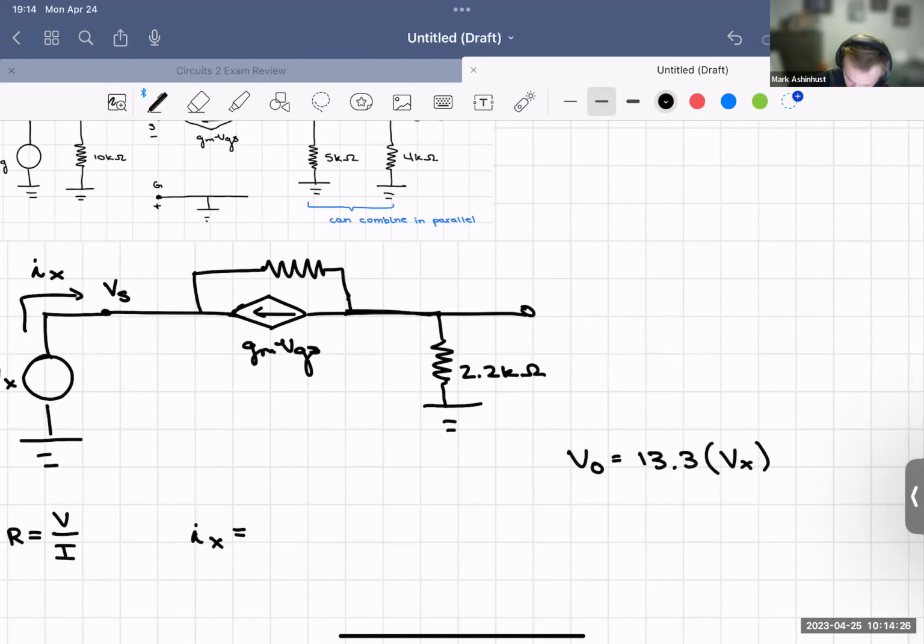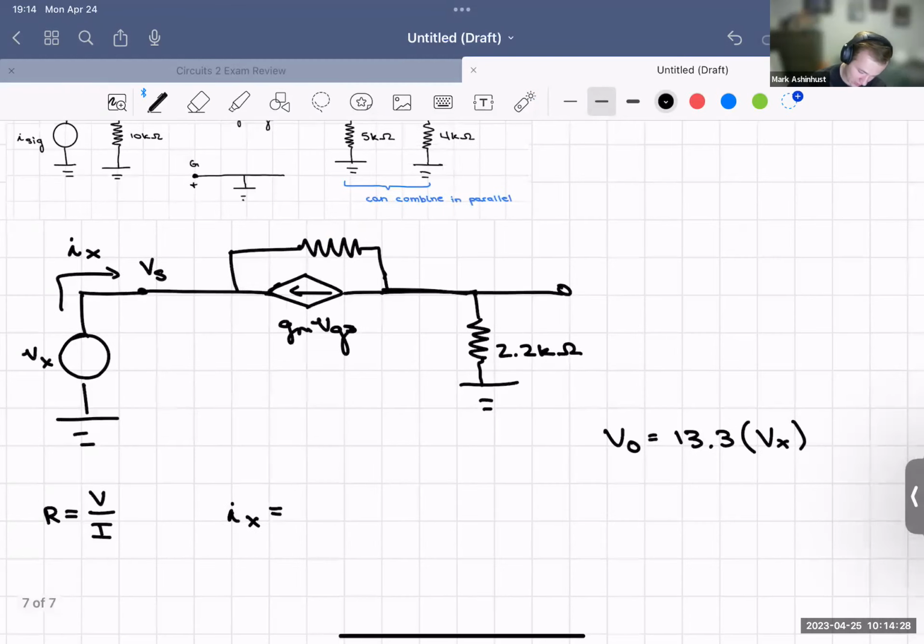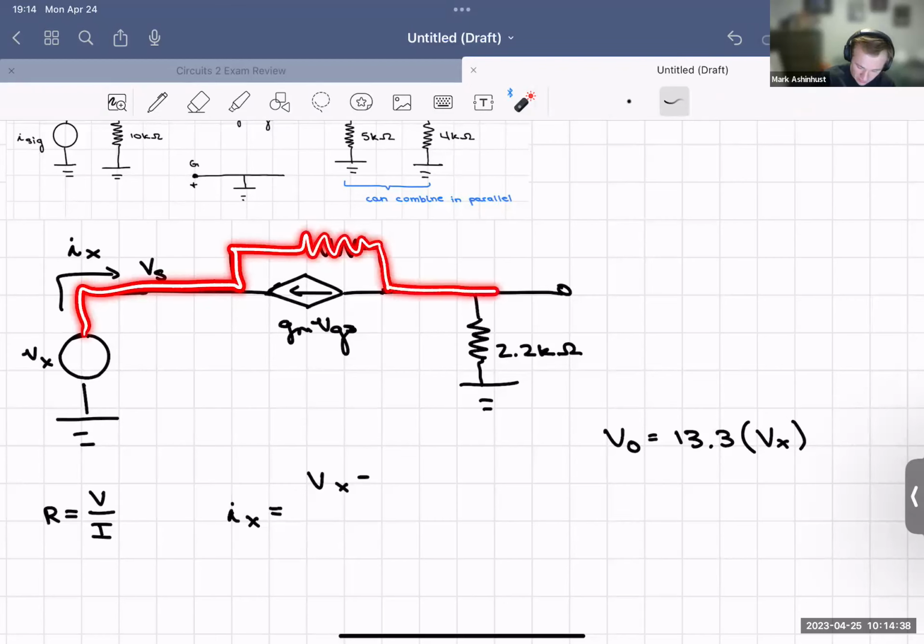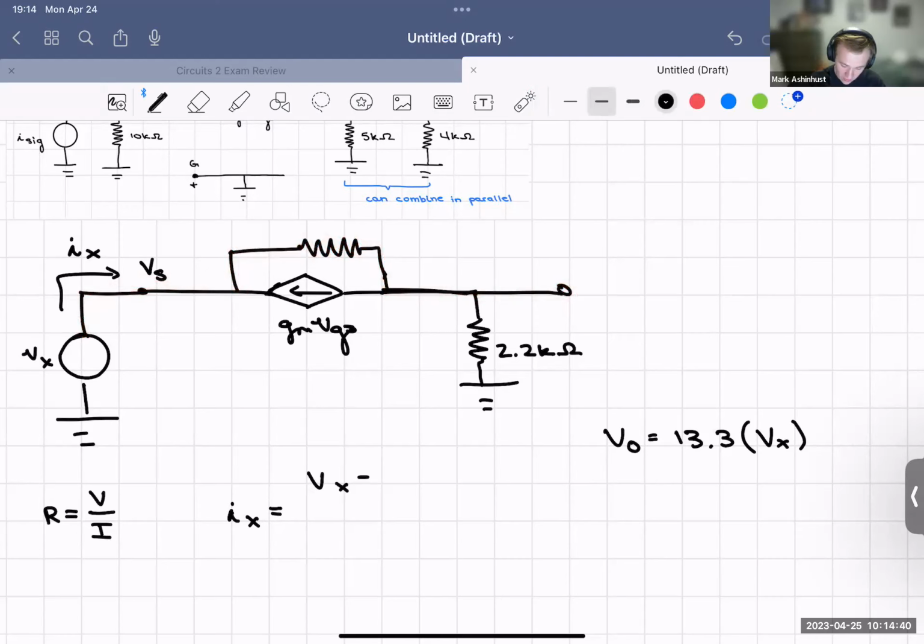It's going to be Vx. So here we had Ix is equal to Vx minus Vout over 50K ro. Well, Vout is actually 13.3 Vx over 50K.